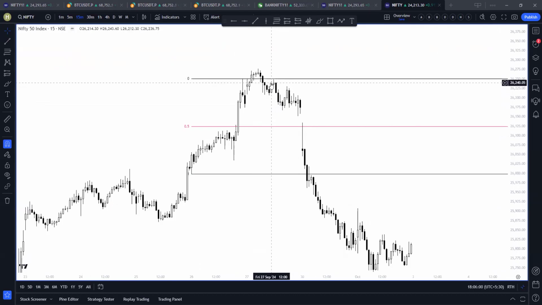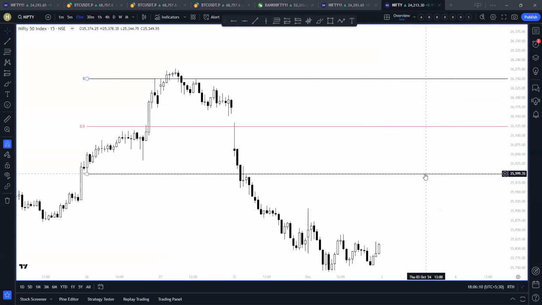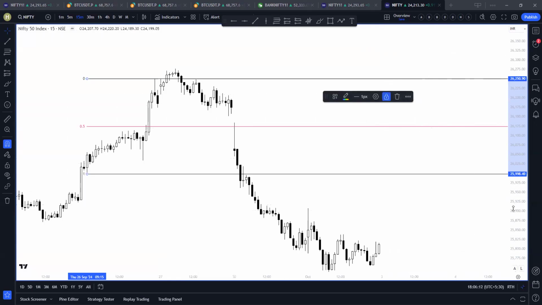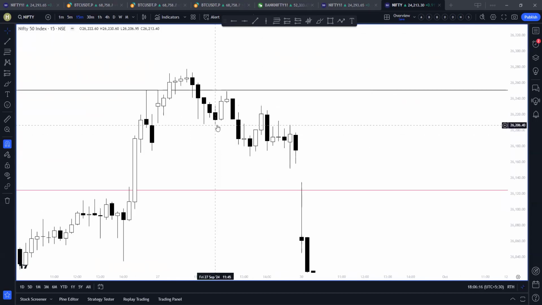See this candle, then we breached the high of this candle. Wait, let me zoom in. So you can see it here. This candle, we breached the high of the previous day, then it came in.